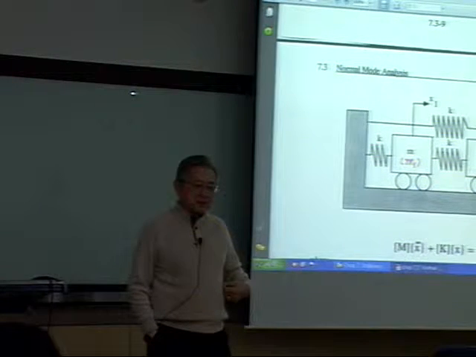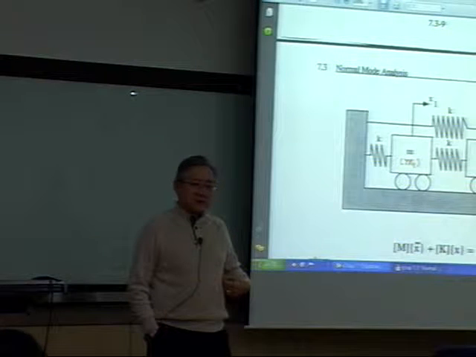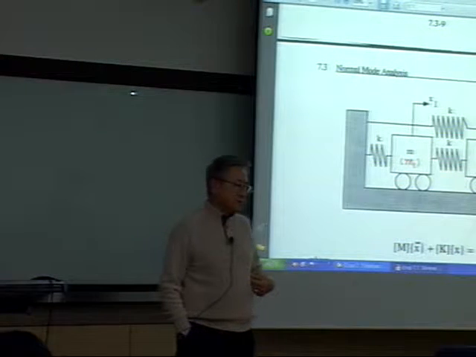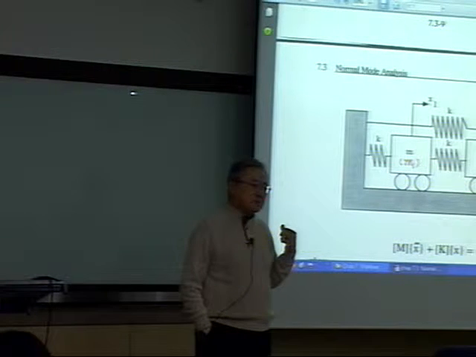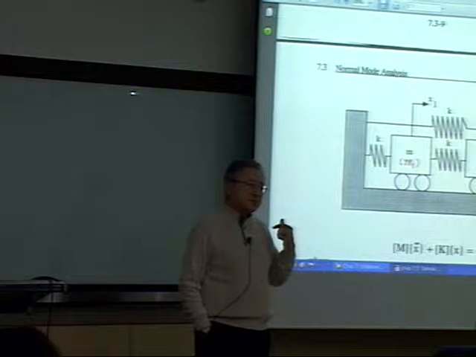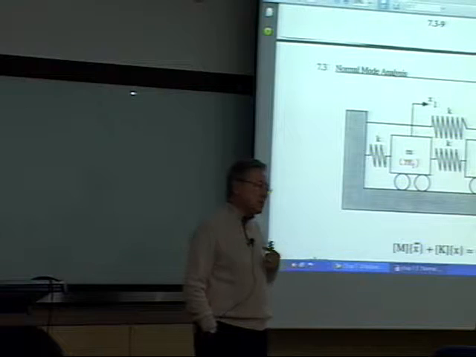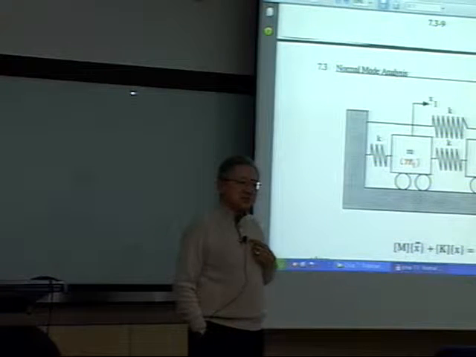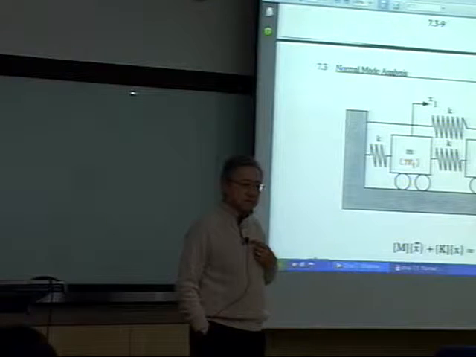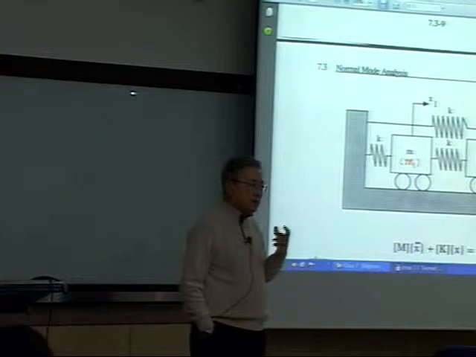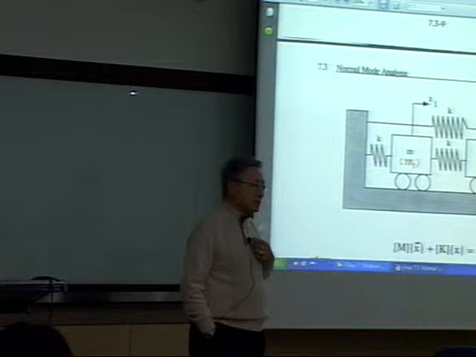2 coordinates to define the motion of the system. So this system contains the 2 degrees of freedom. What does it mean, degree of freedom? Anybody can comment on it?